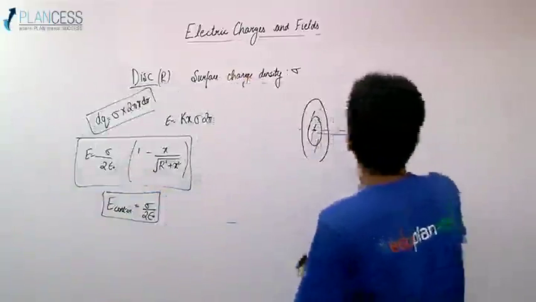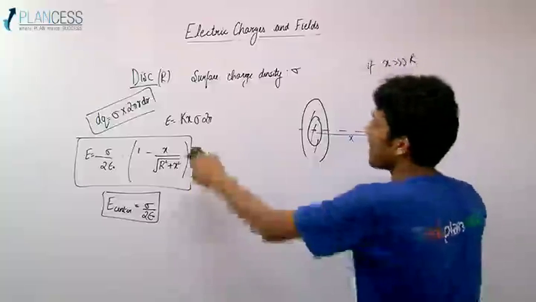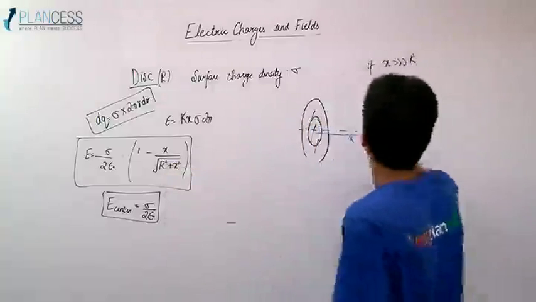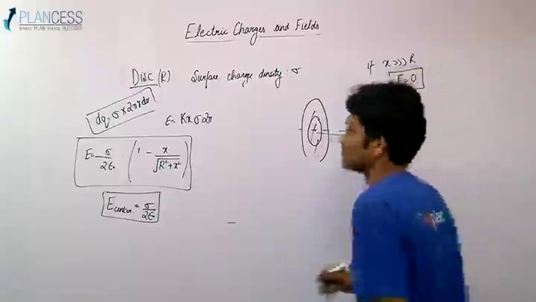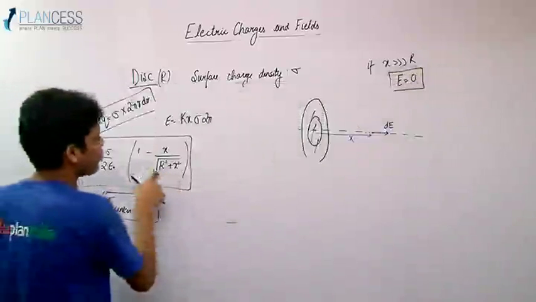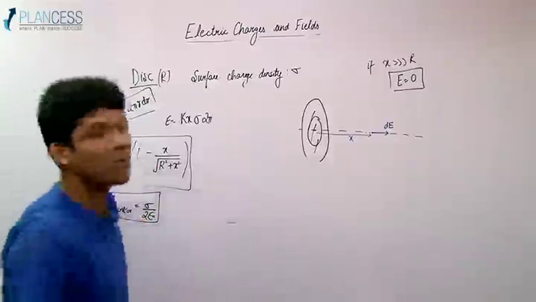Now if in this formula x is much greater than r, I can see that this E would come out to be 0, because if x was much greater than r, I can write this whole thing as x square, and thus 1 upon x minus 1 upon x, and this would come out to be 0.